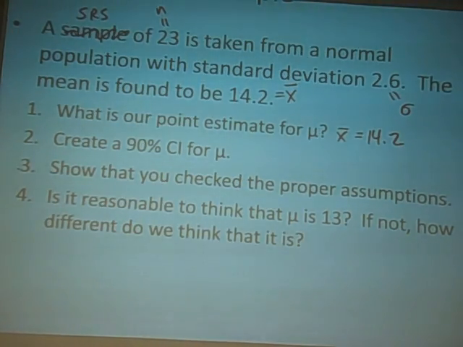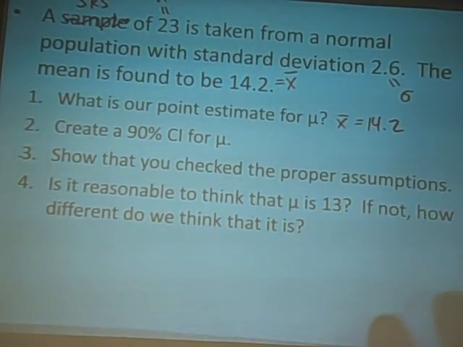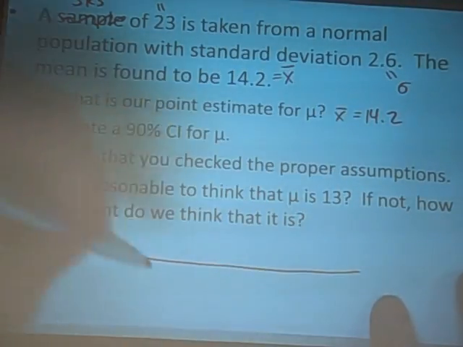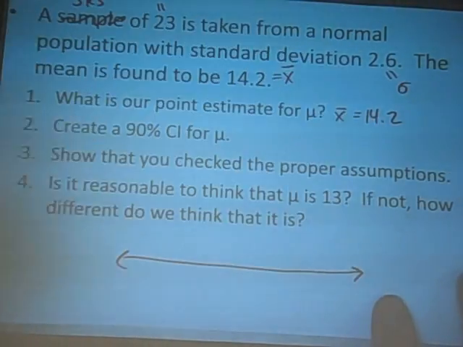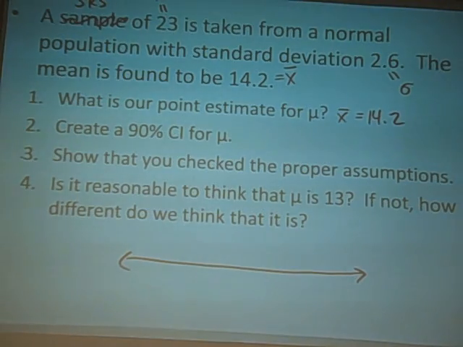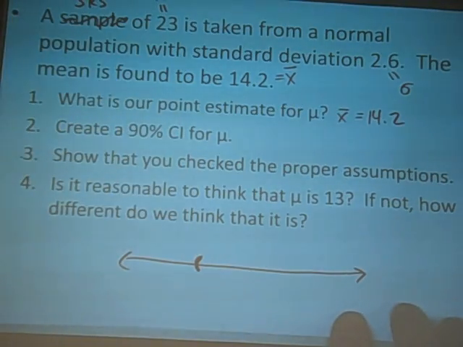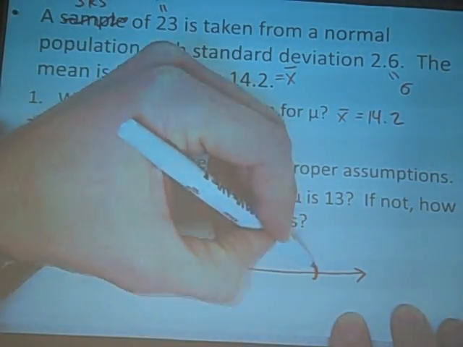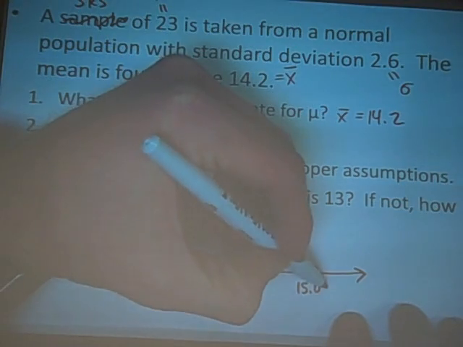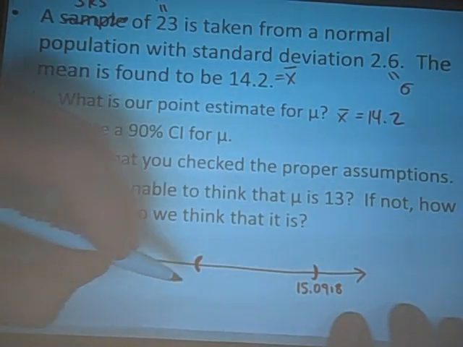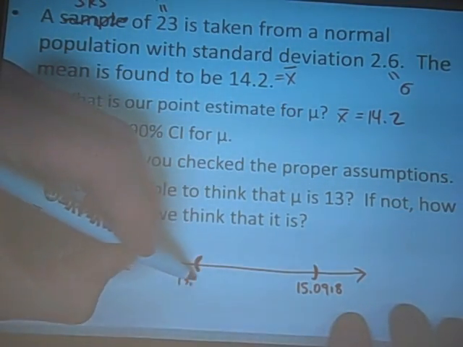Well, what I would encourage you to do for this part is just to draw the number line. So here's the number line. Our confidence interval goes from 13.3082 up to 15.0918. So this is 15.0918, and this is 13.3082.